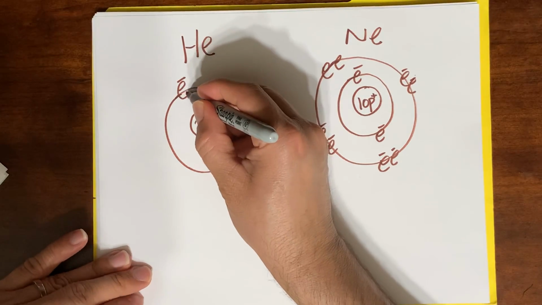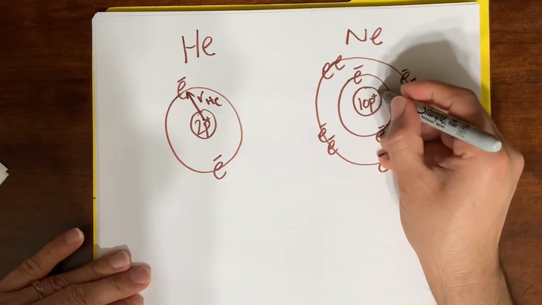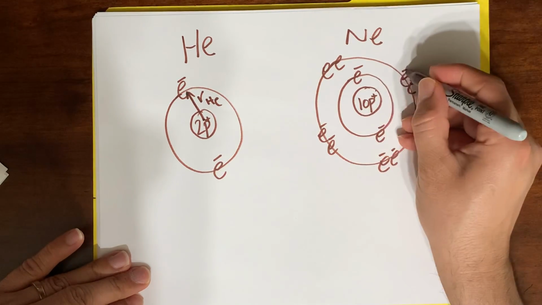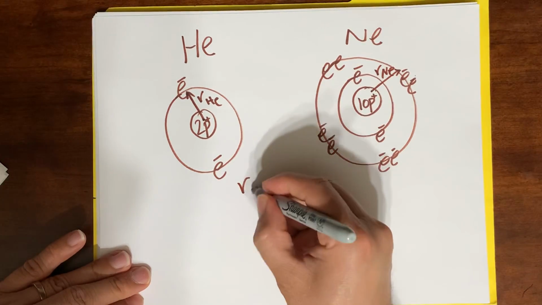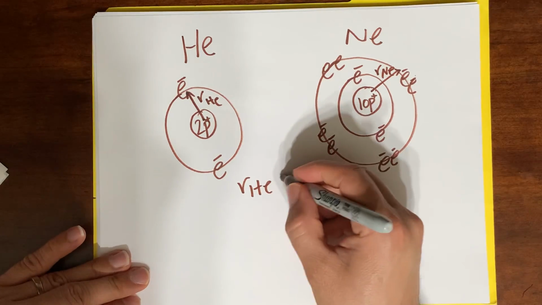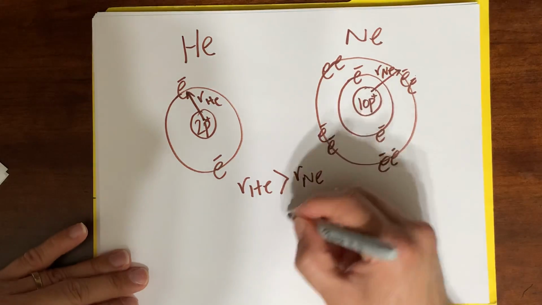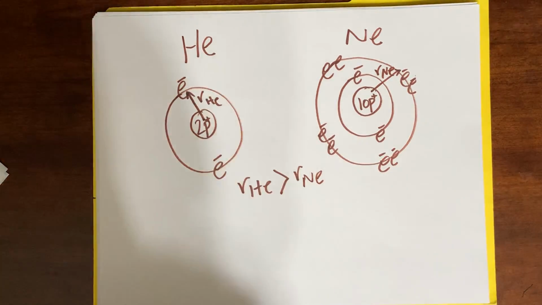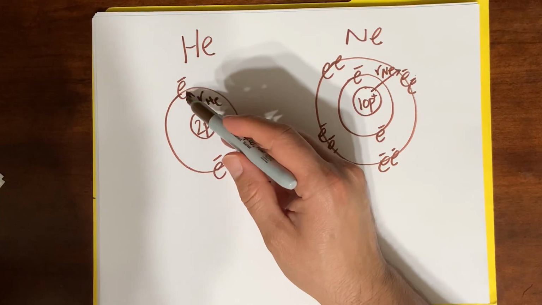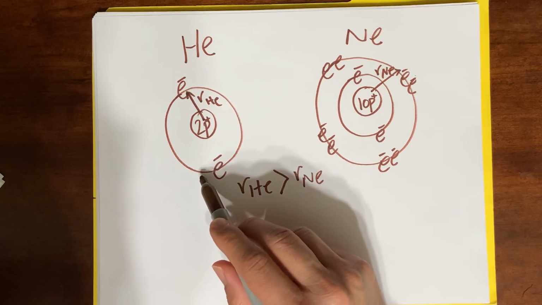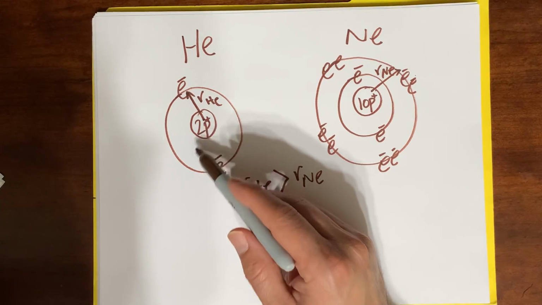Okay. If you measure this one and call it R for helium, we have here the first layer, and that one is the second layer, R of neon. R of helium is smaller than radius of neon. Why? Because the electron of the first layer is close to the nucleus, and it can feel the positive charge of the nucleus directly.